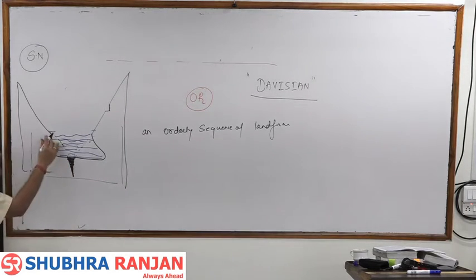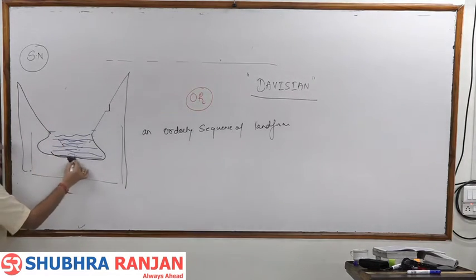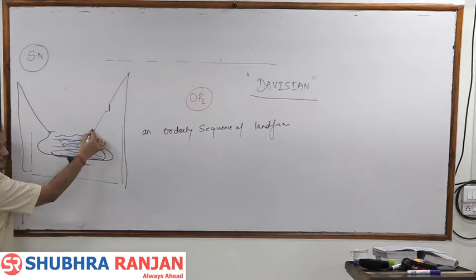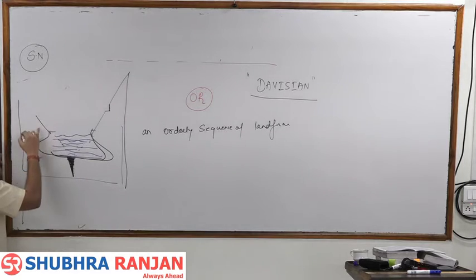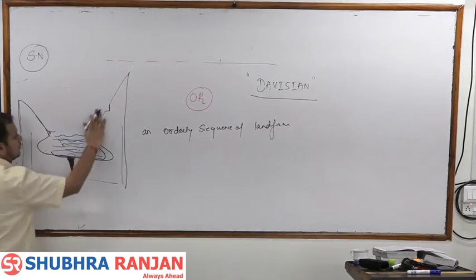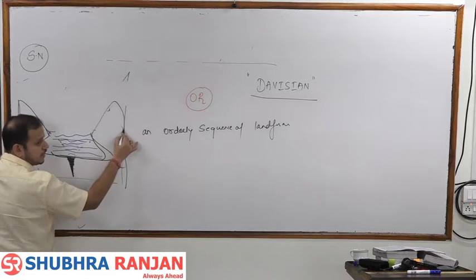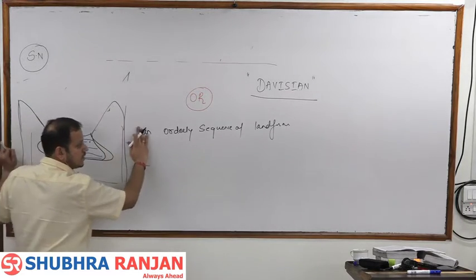Over a period of time, this height will keep on increasing, and where the river is coming from, its height will keep on reducing, and the landform over a period of time will become smaller in height. So what does Davis say?